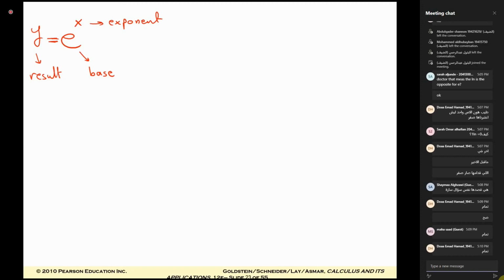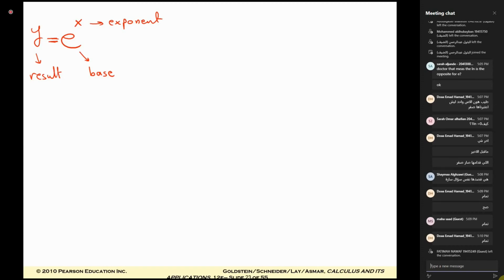Now if we need to convert this exponential to logarithm, in general this is a and this is b, like this.